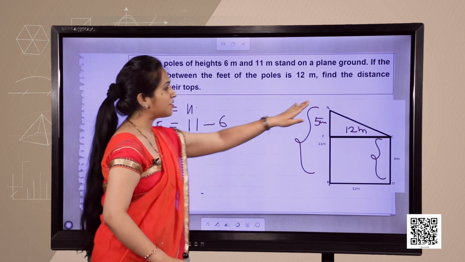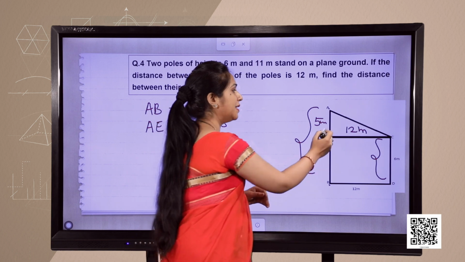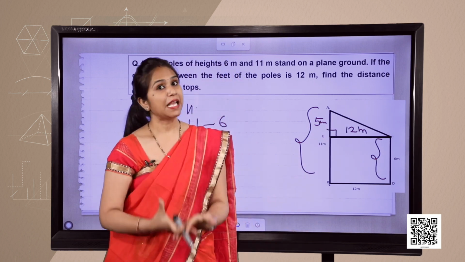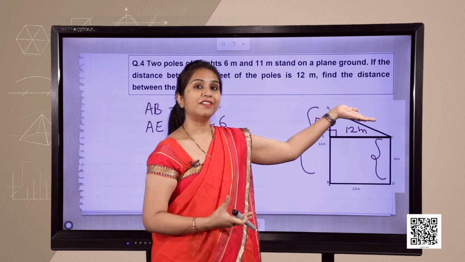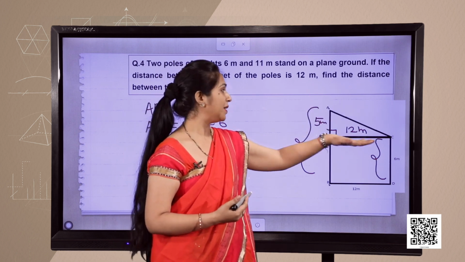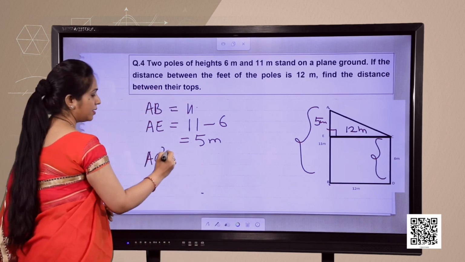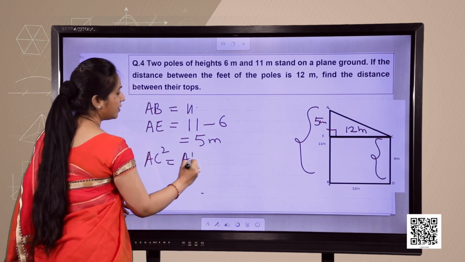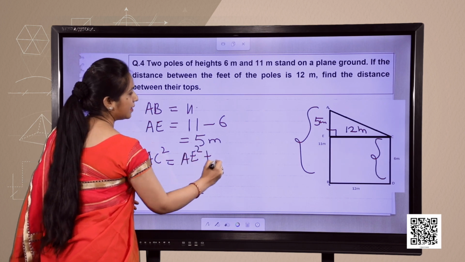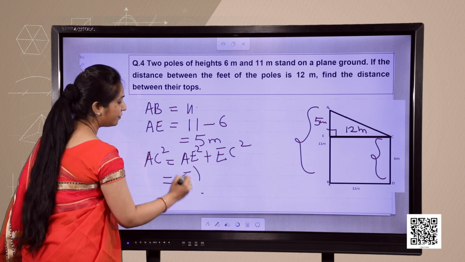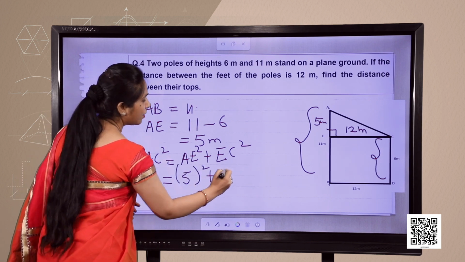Now, if you see this triangle again carefully, you can see a 90-degree angle is formed here, which means the Pythagoras property is applicable. So AC square will be equal to AE square plus EC square. Write down this. Substitute the values: square of 5 plus square of 12.